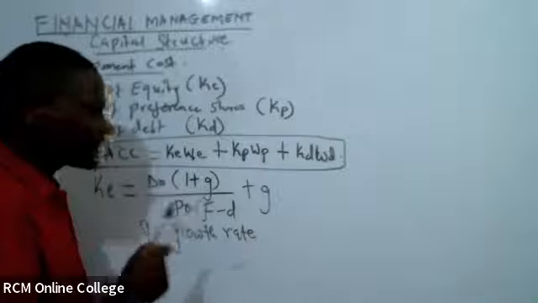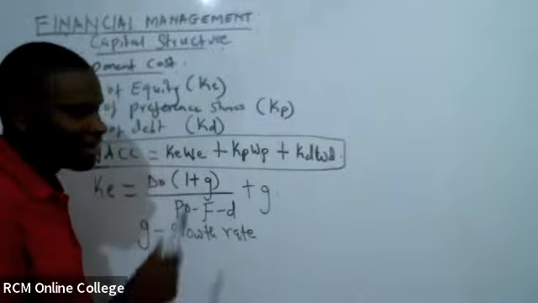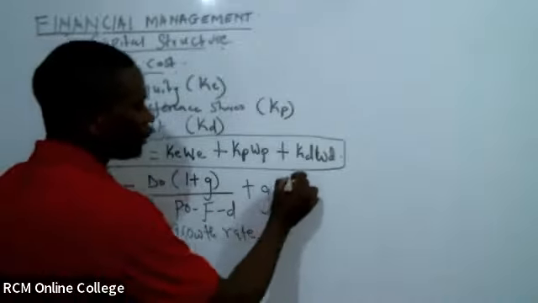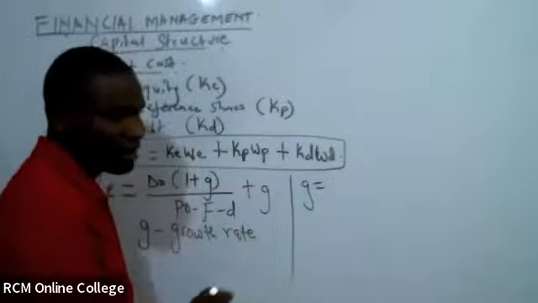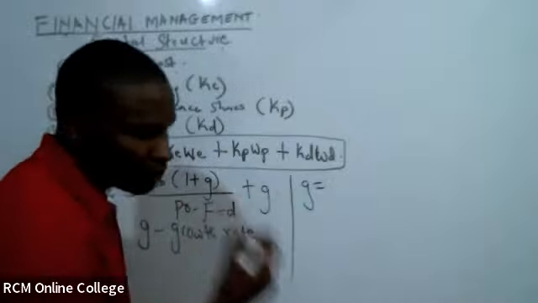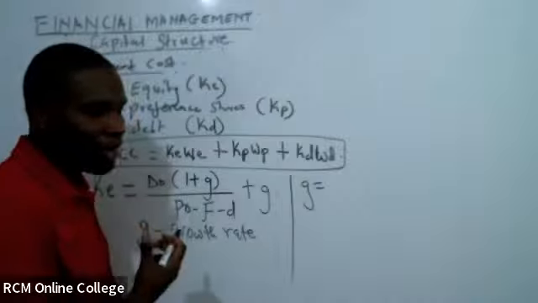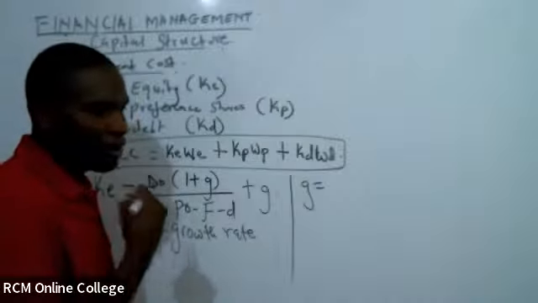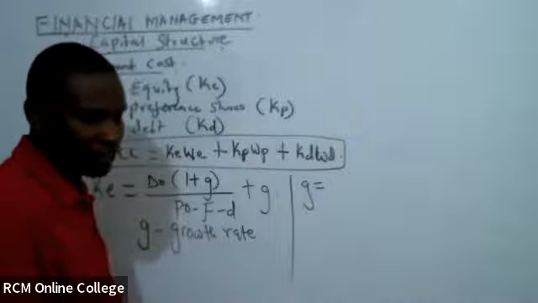So in that case where the examiner has not given you the growth rate, the examiner will give you some information that will guide you to get the growth rate. For example, the examiner can give you the current dividend and the previous dividend or past dividend.